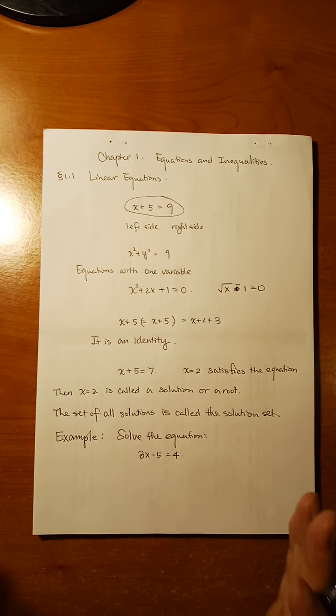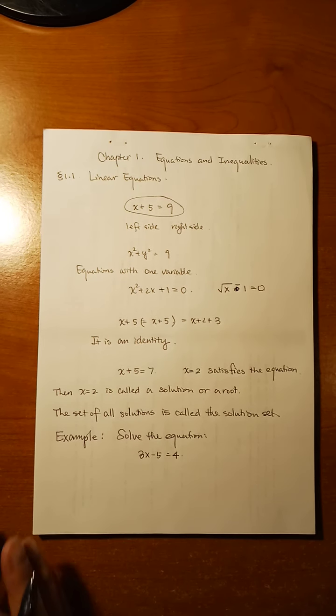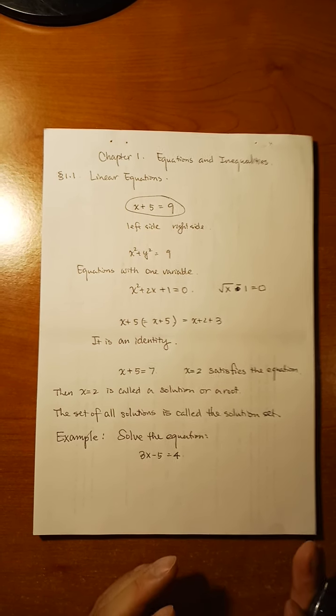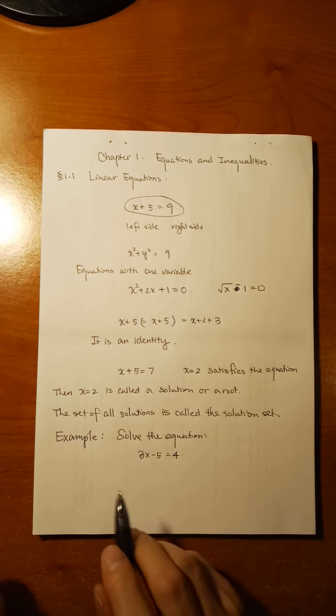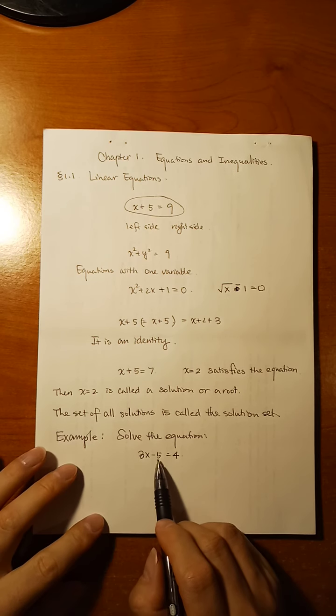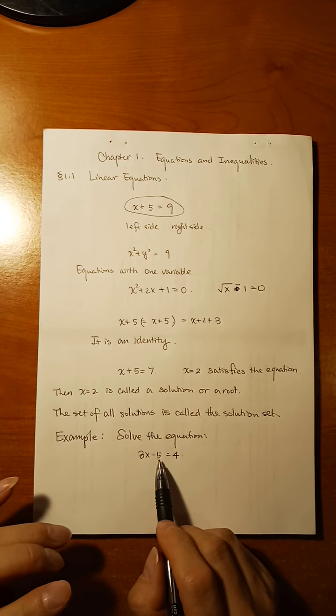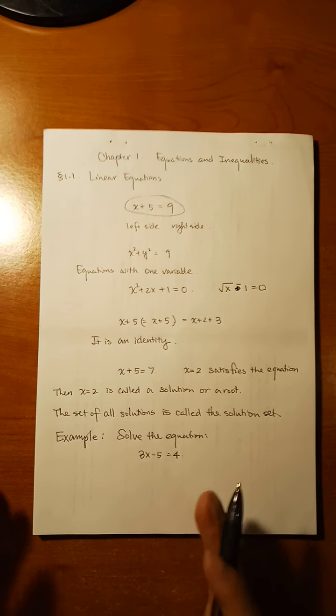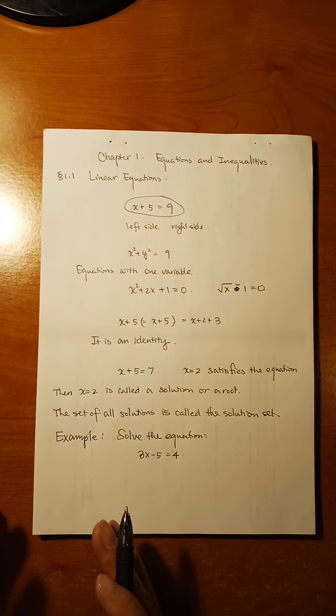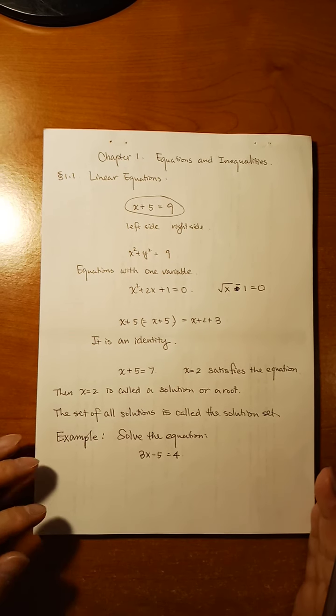We will try to keep all x terms on the left-hand side and all the numbers, not the coefficient. 3x, this 3 is not the constant term. It's not constant, it's the coefficient. This 5 is a constant term. We will keep all the x terms on the left-hand side, all the constant terms on the right-hand side.